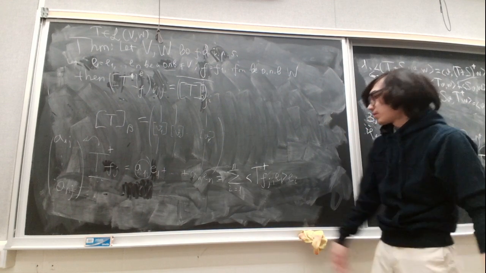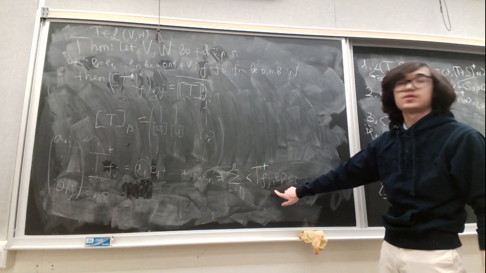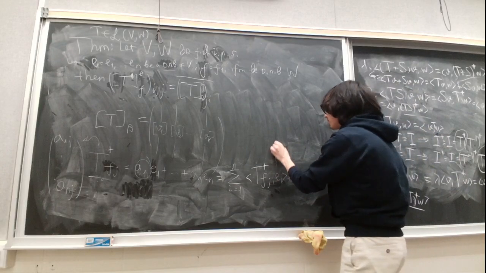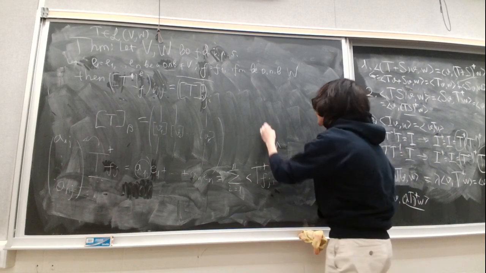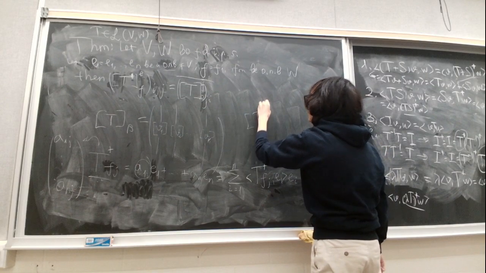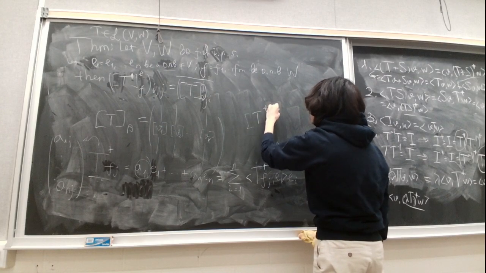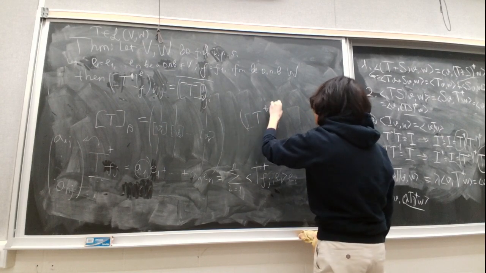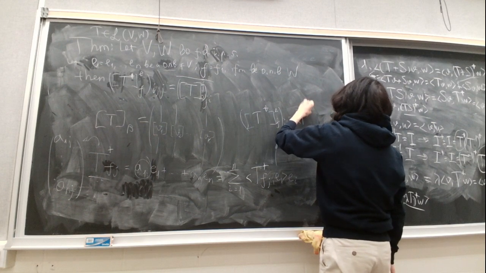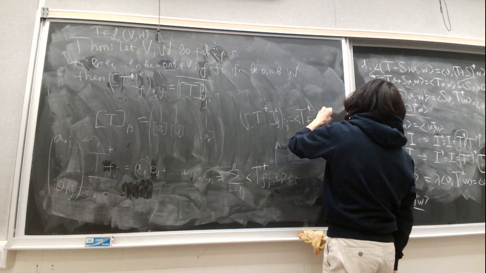Now, the ijth entry of this is, you index the ith component vector, and you get that the entry we're trying to find, ij, is equal to the inner product of T dagger f_j with e_i. Great.